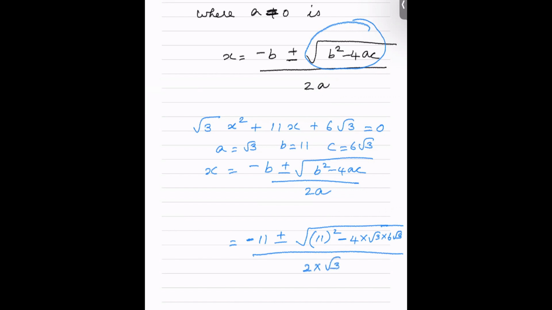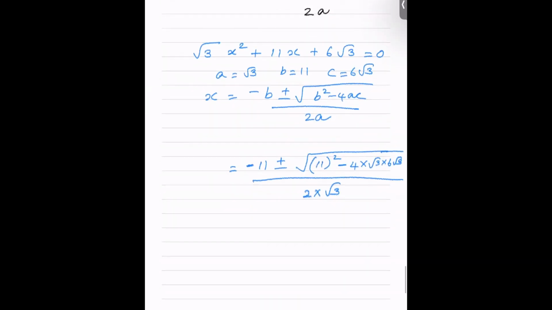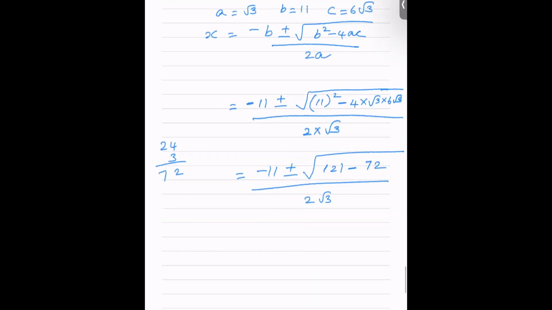So first you write down this. Then minus 11 plus or minus square root of 11 square is 121 minus 6 fours are 24, 24 into 3. 24 into 3 is 72, right? So 72 divided by 2 root 3. This is what I am getting.